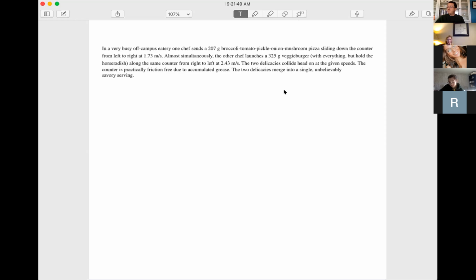That's the goal. Again, so we want the final velocity.